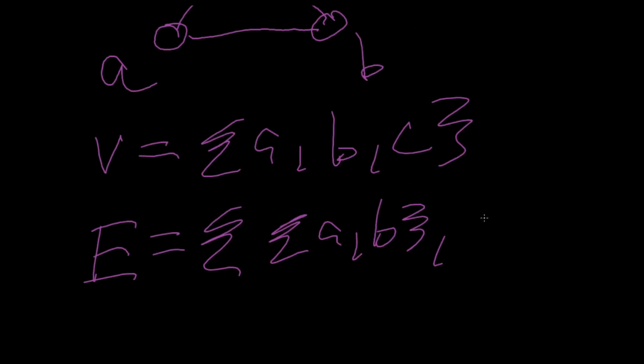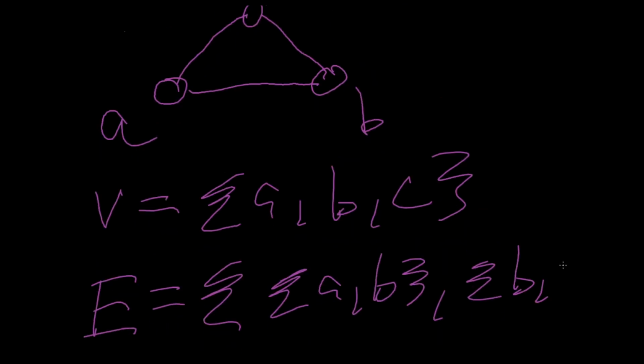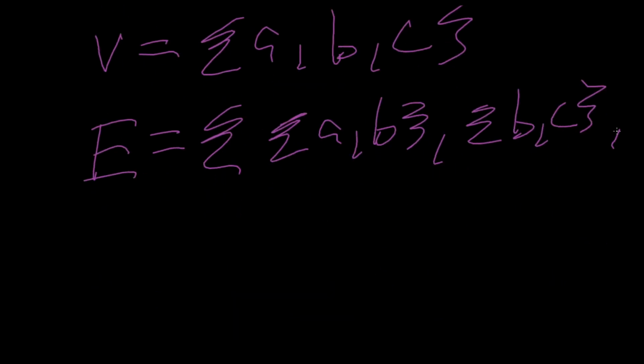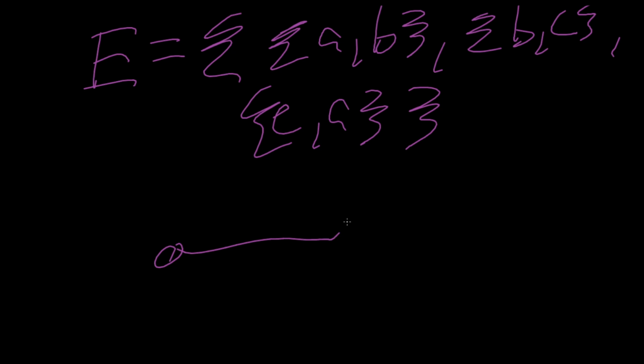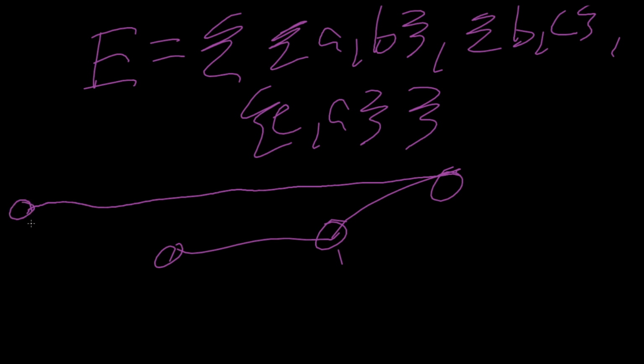And this has the edges AB, BC, and CA. So a graph could really look like anything, could look like this, for example, just as long as you have vertices and edges connecting those vertices.